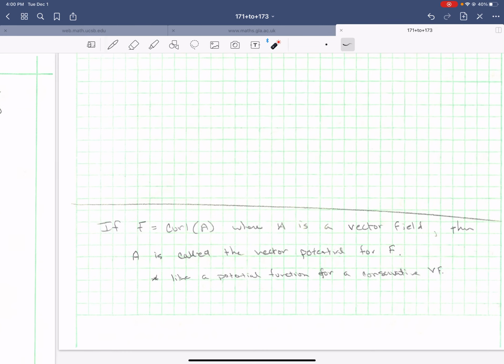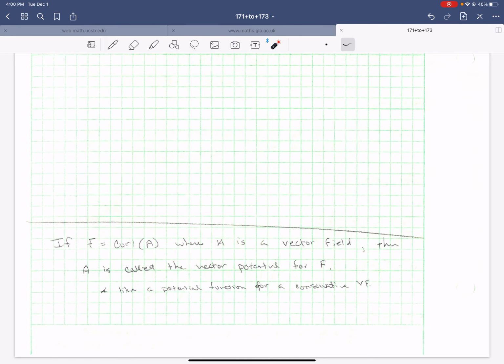Down here on the bottom, it says if F is equal to the curl of A, so this is almost like F equaling the gradient of V. Remember we called V a potential function?